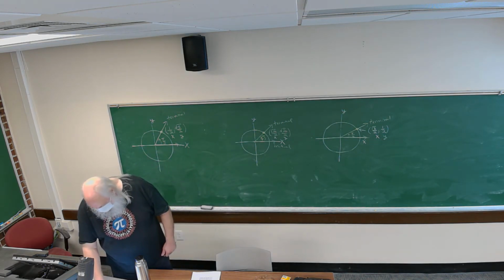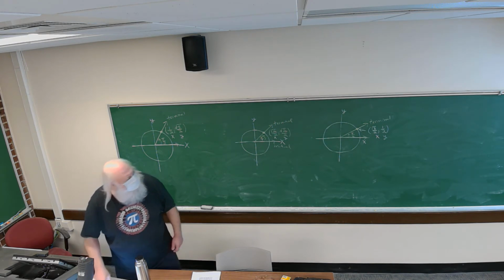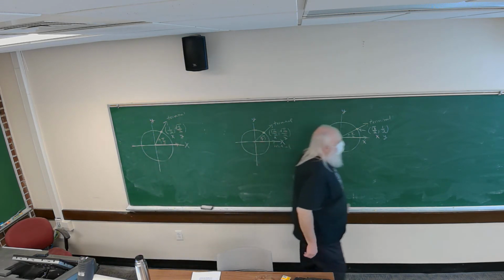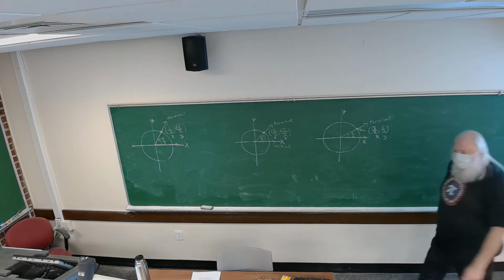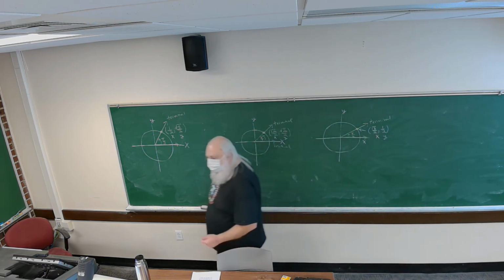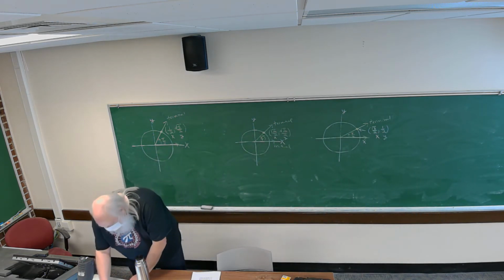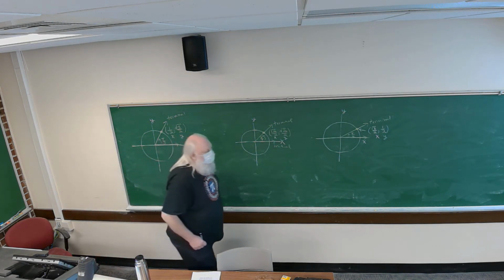The terminal side of an angle of t radians will form an acute angle with the x-axis. So if you look at this first example, here we have the angle t radians. And the angle between the terminal side here and the x-axis here is an acute angle. An acute angle is between 0 and 90 degrees, or 0 radians and pi over 2 radians.